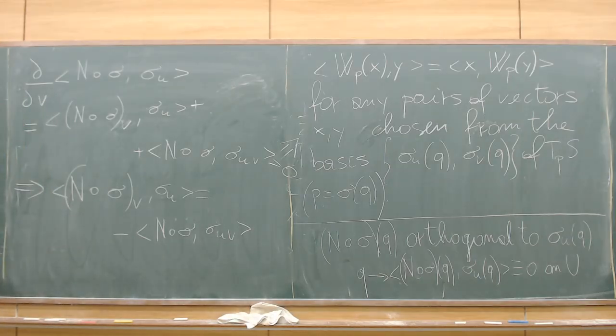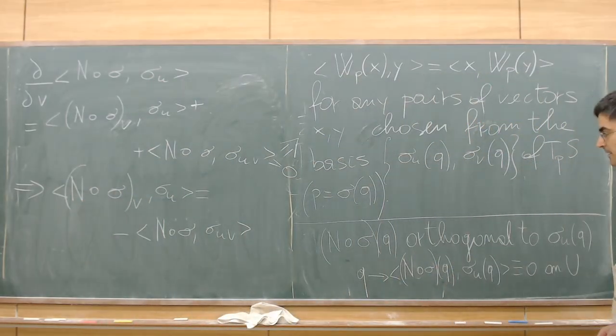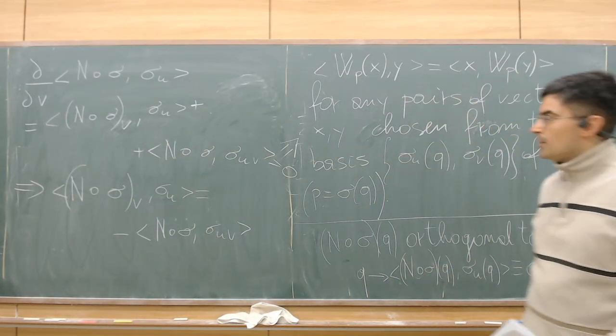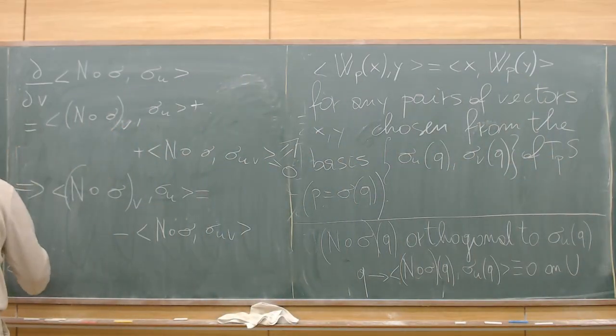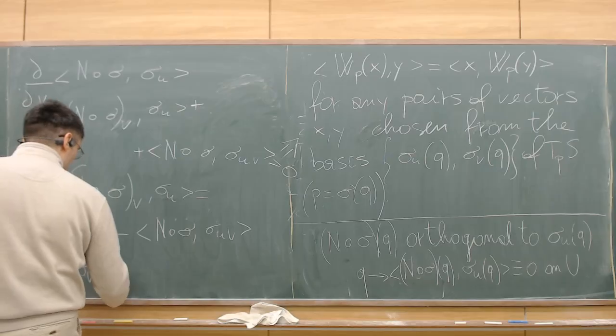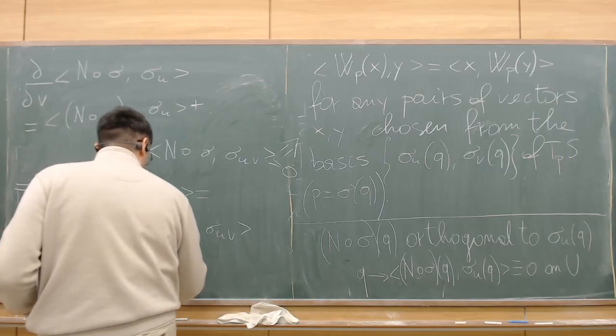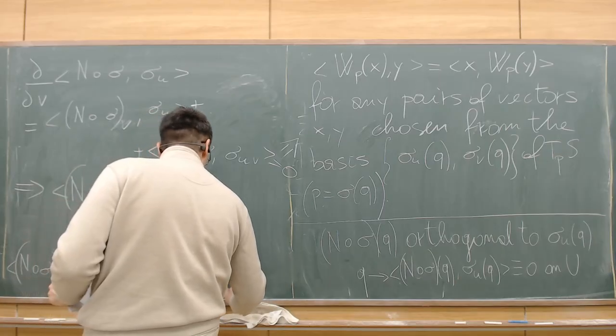If you exchange the role of v and u, you can prove also that N composed with sigma u multiplied by sigma v is minus N composed with sigma, sigma vu.